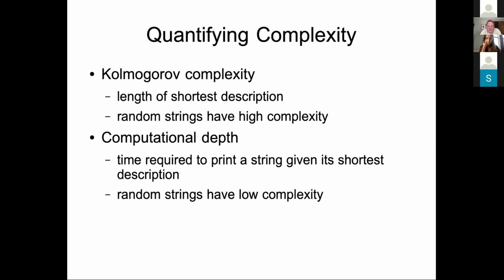It's the time required to construct or print an object given its shortest representation. And this has very nice properties. First of all, random strings have low computational depth. So it corrects some of the shortcomings of Kolmogorov complexity when applied to characterizing the complexity of living things.